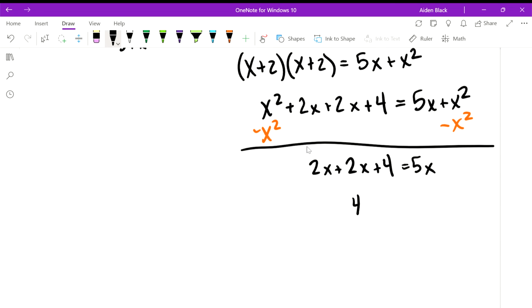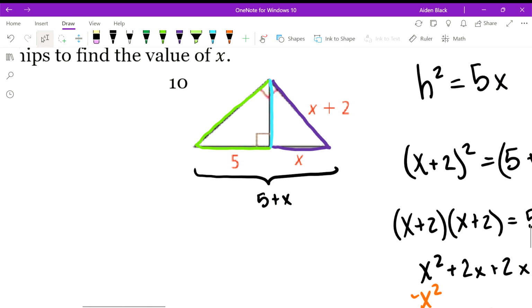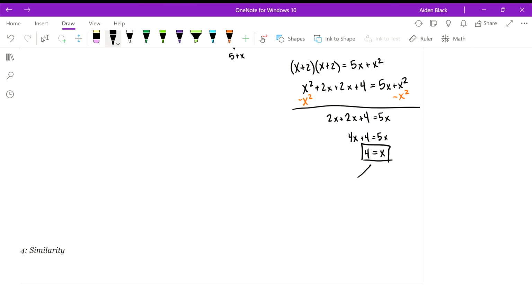Combine like terms. Subtract 4x from both sides. So we get x equals 4. Okay, so if x equals 4, well, really that's all we needed to find, x equals 4.